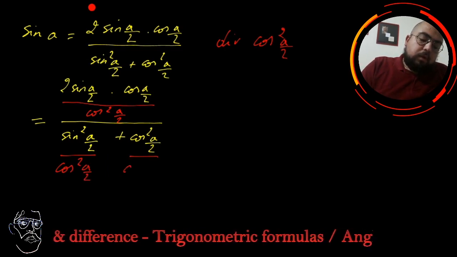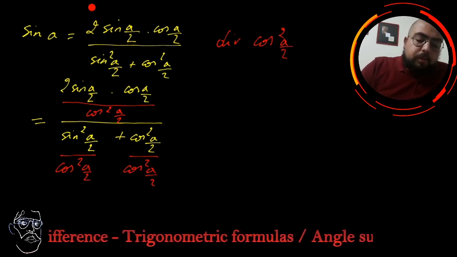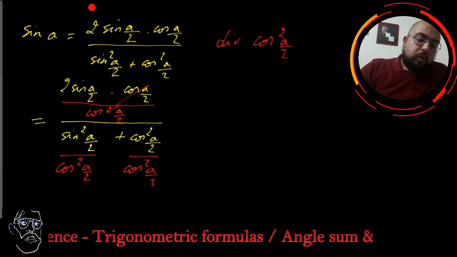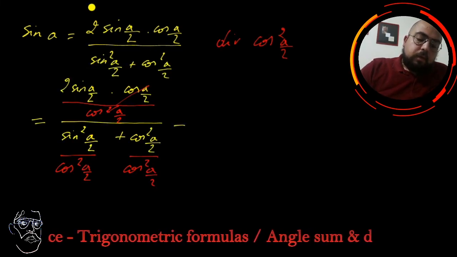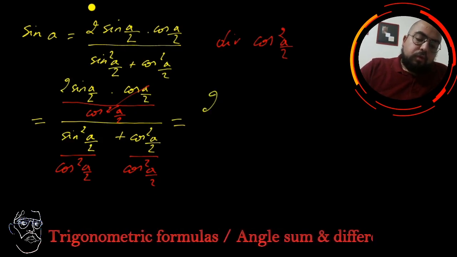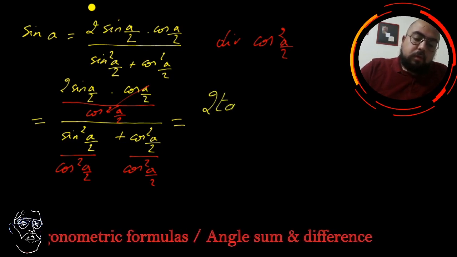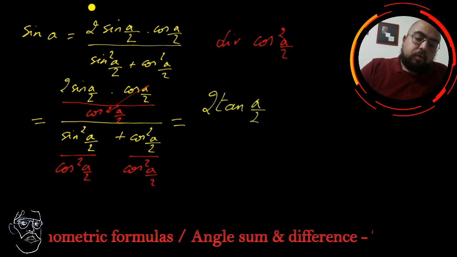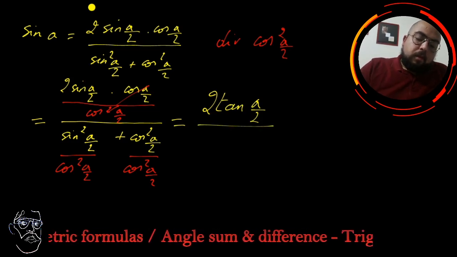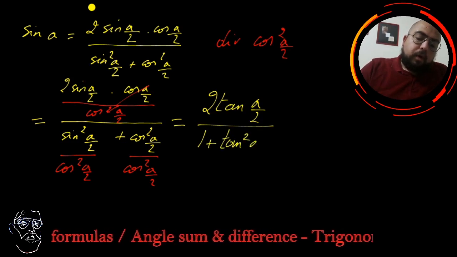I will simplify cosine a over 2 and cosine squared, so here I will be able to find 2 tangent a over 2 over 1 plus tangent squared a over 2.